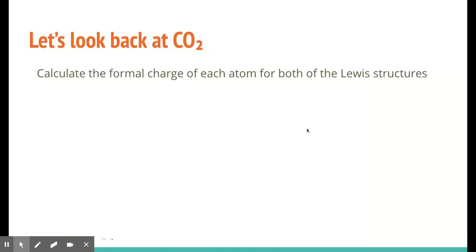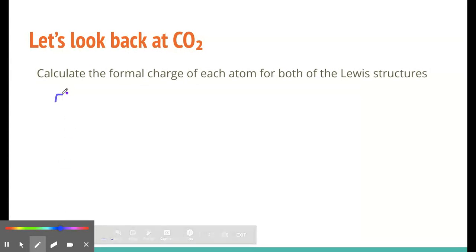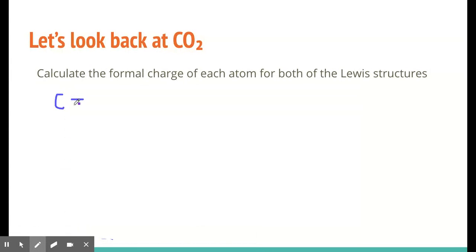So now let's look back at CO2, and I want you to calculate the formal charge of each atom for both of the Lewis structures. So remember, our Lewis structures were the double bonds, or 1 single bond and 2 triple bonds.